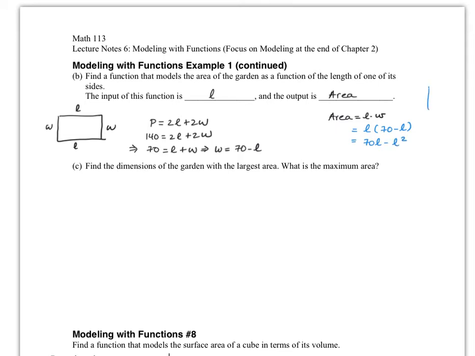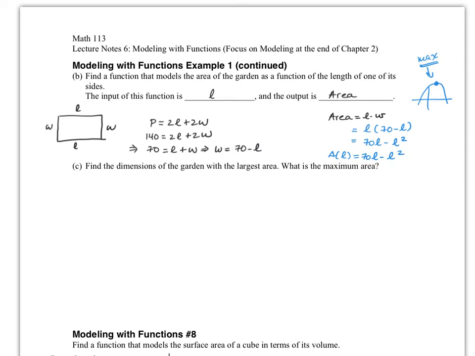Notice that this is a quadratic equation, a parabola that opens down. So therefore, indeed, it has a maximum value. And therefore, the area in terms of L is equal to 70L minus L squared.